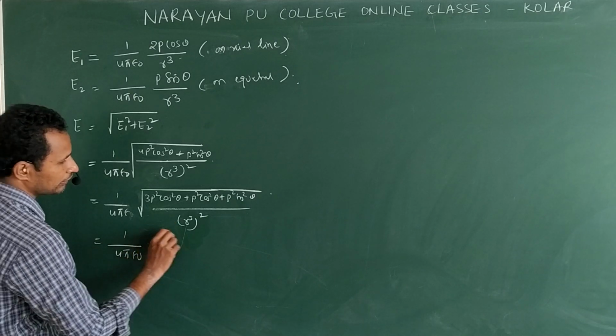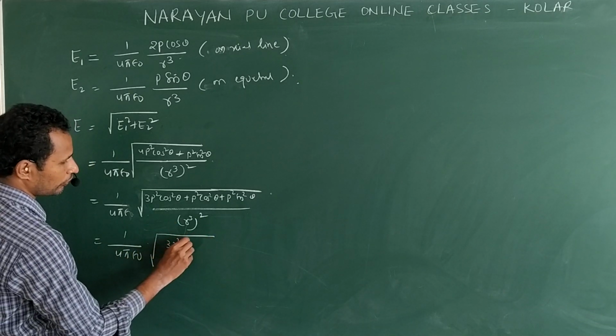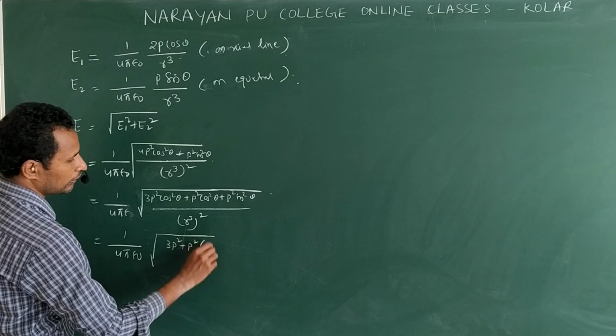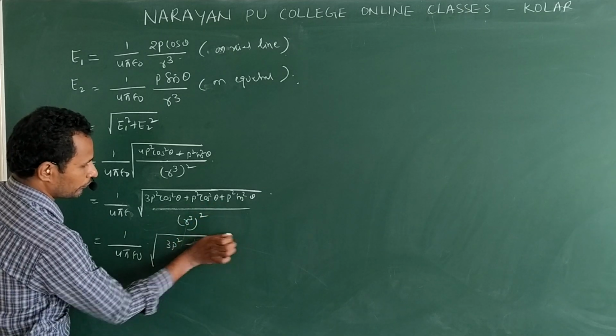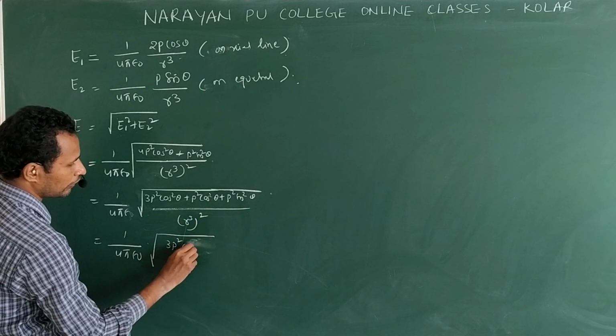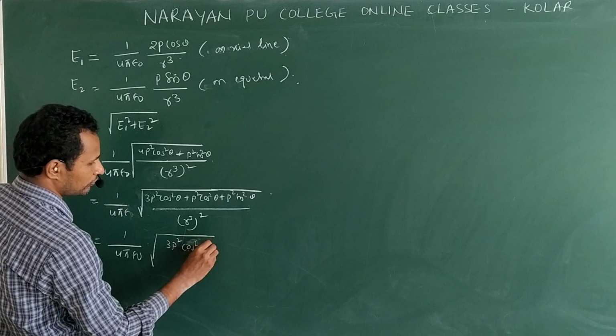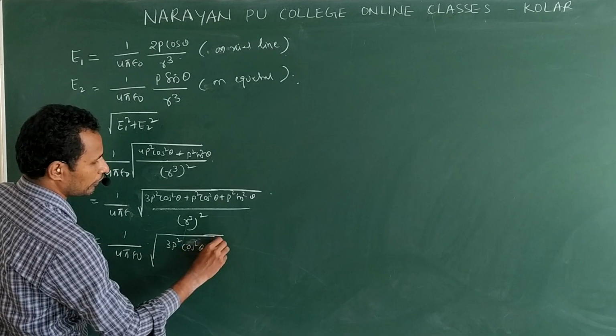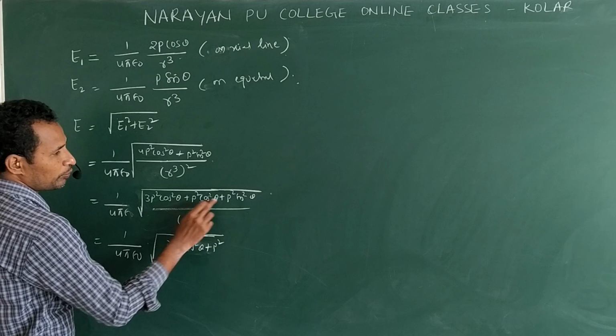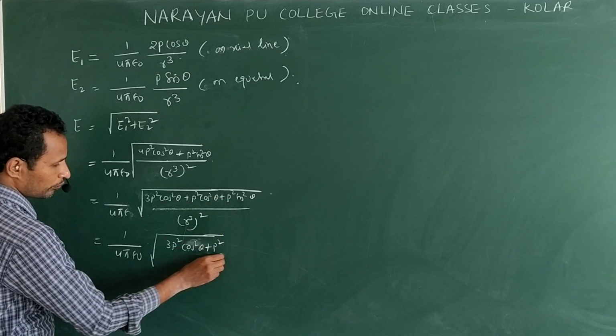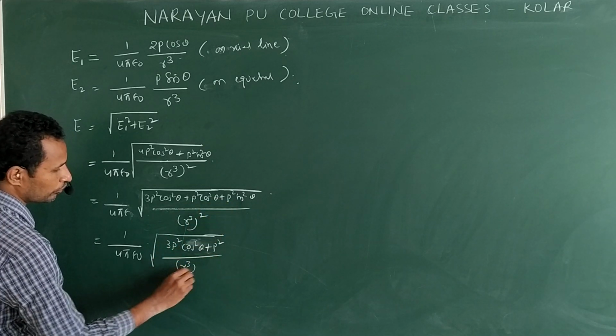This we can write like this: 3p square cos square theta plus p square common, cos square plus sin square theta, 1, by r cube whole square.